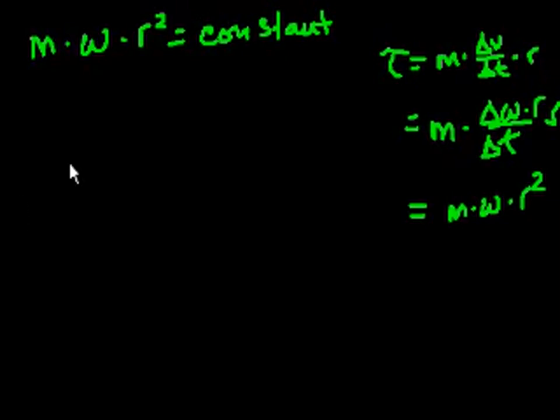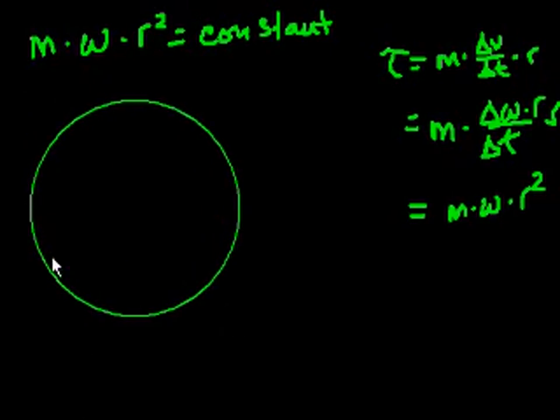Let's say that I have some object traveling in a circle. I do everything for a reason, and you'll see my reason right now. Let's say this is some type of retractable pole, and I'm an ice skater.